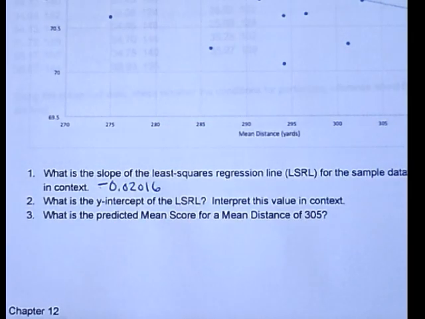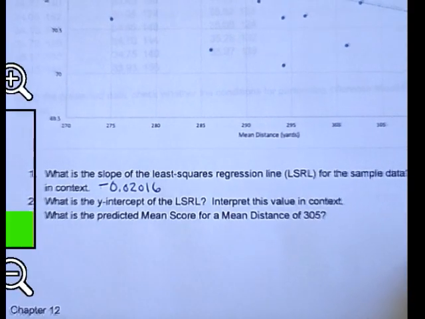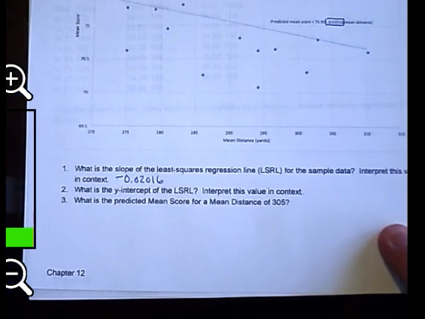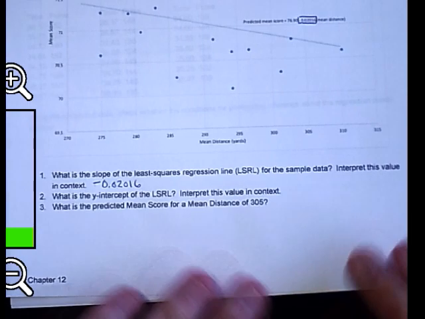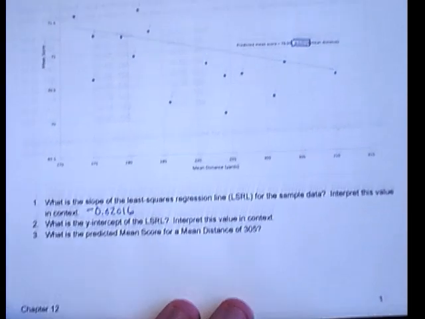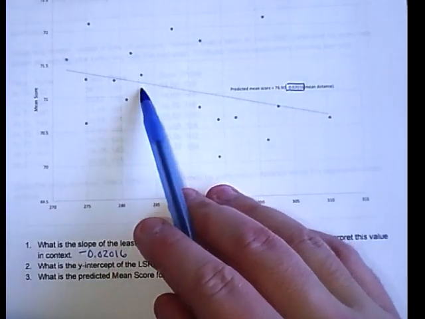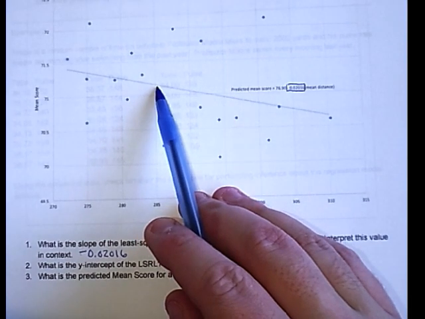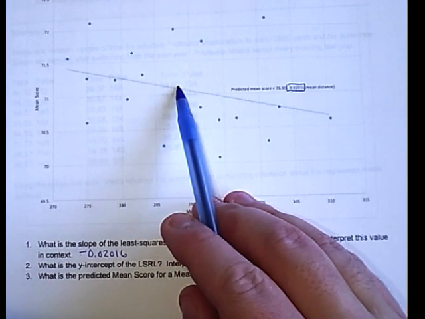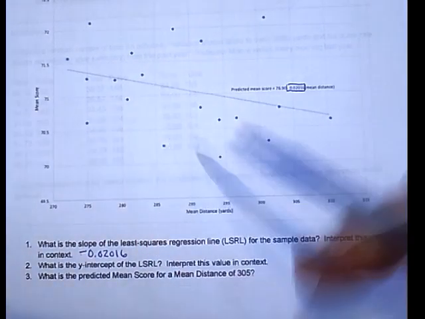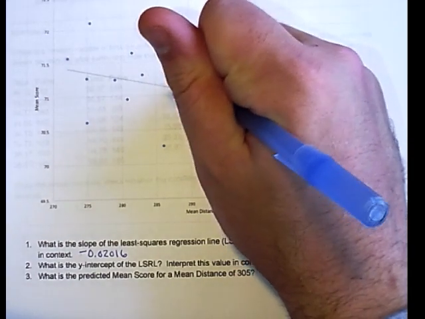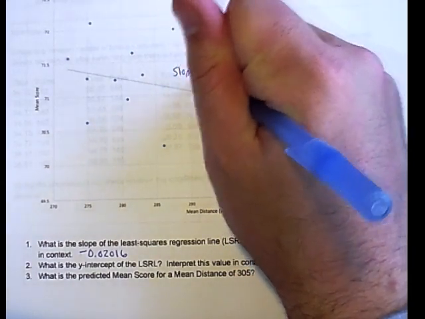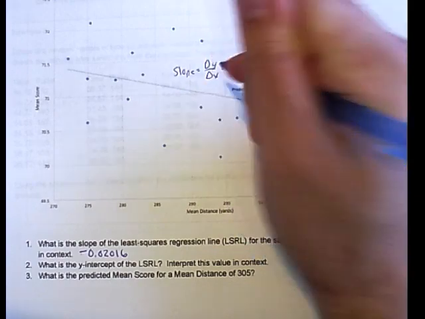So that's the slope. And in this particular question, they want to know what that means. So if we look at our line, think about what slope really is again. Slope is change in y over change in x.